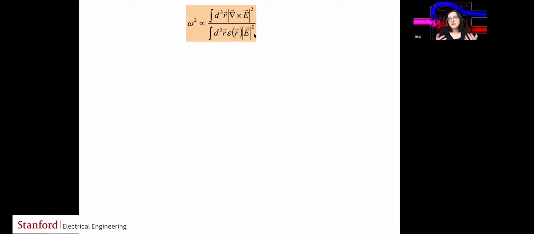So just by guessing, if I want to minimize this, I will put E where epsilon is strong for the lowest frequency eigenstate. And what about the numerator? Well, we have curl of E here, and curl of E is just a more sophisticated version of the derivative. It's a three-dimensional combination of partial derivatives.